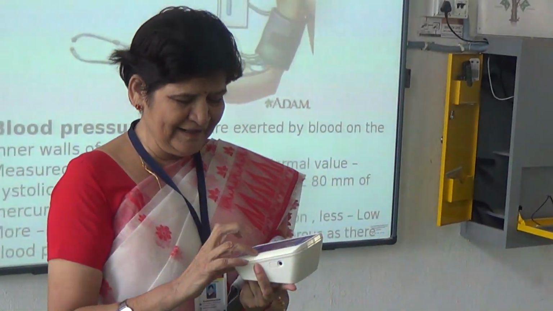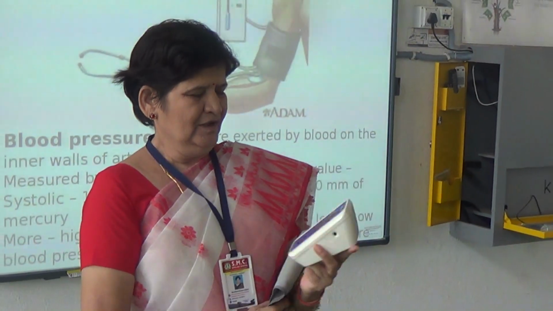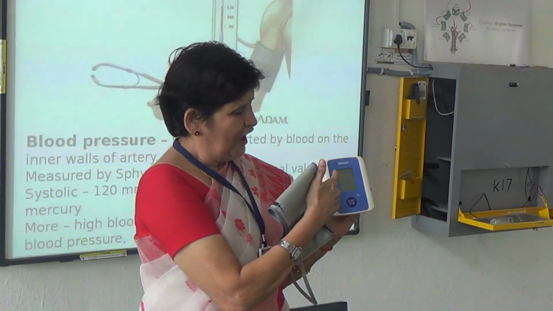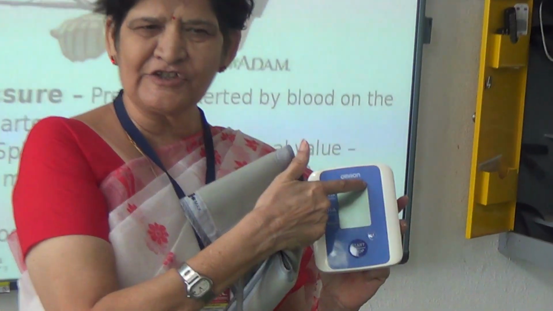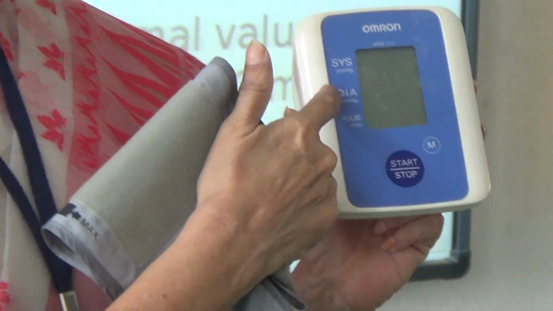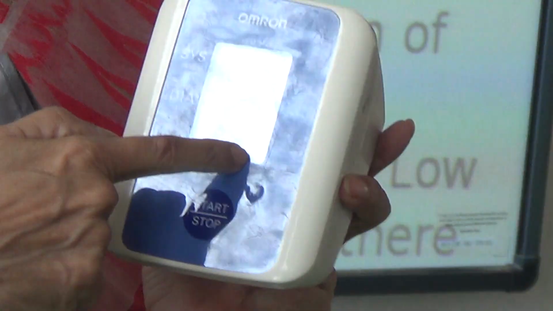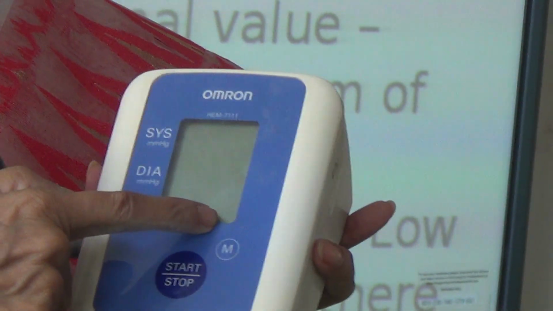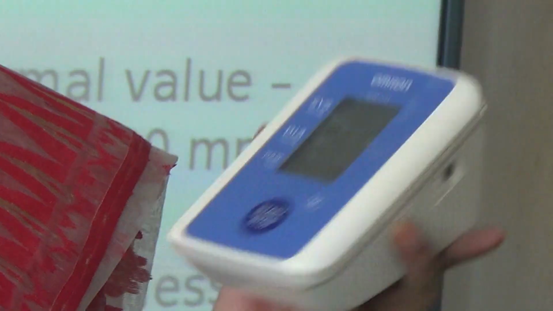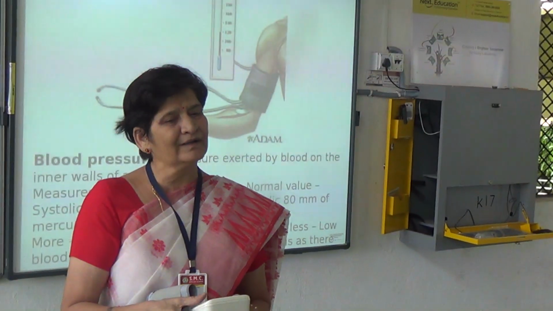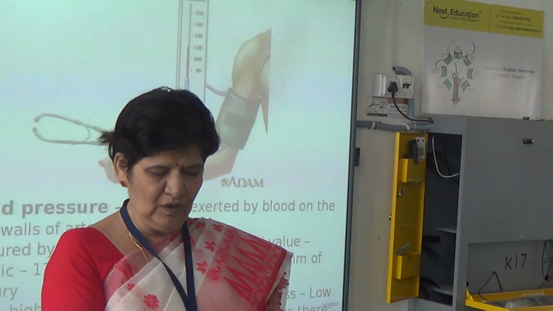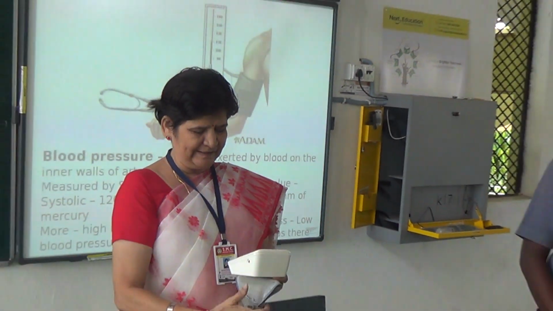As he is standing, it is not measured properly, but here a figure will come, that is of the systolic blood pressure, and here the figure will come, that is of the diastolic blood pressure. Here the figure will indicate the pulse rate. Pulse rate should be 72 times per minute. You can also check your pulse rate.